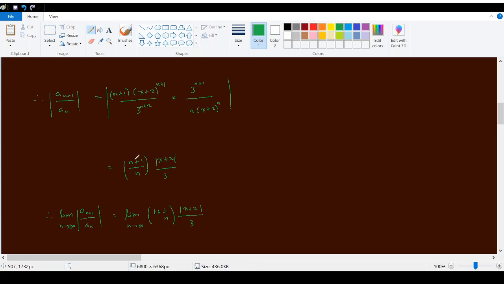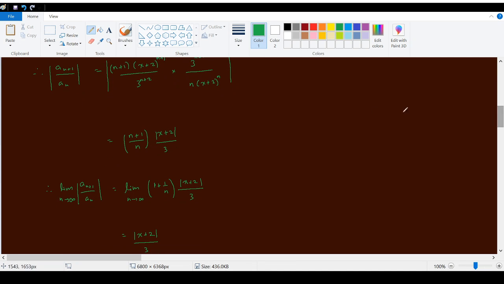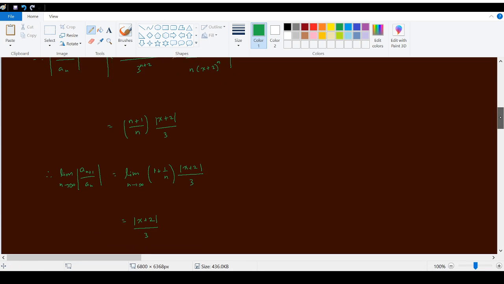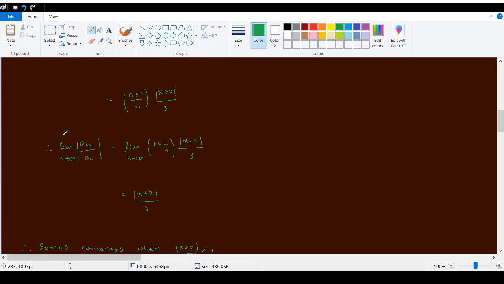That's how you get a bracket for this term. And for the ratio test, when you apply this one, the ratio, you will get this one. So ultimately the limit of this ratio will be equal to the modulus of (x+2)/3, right?